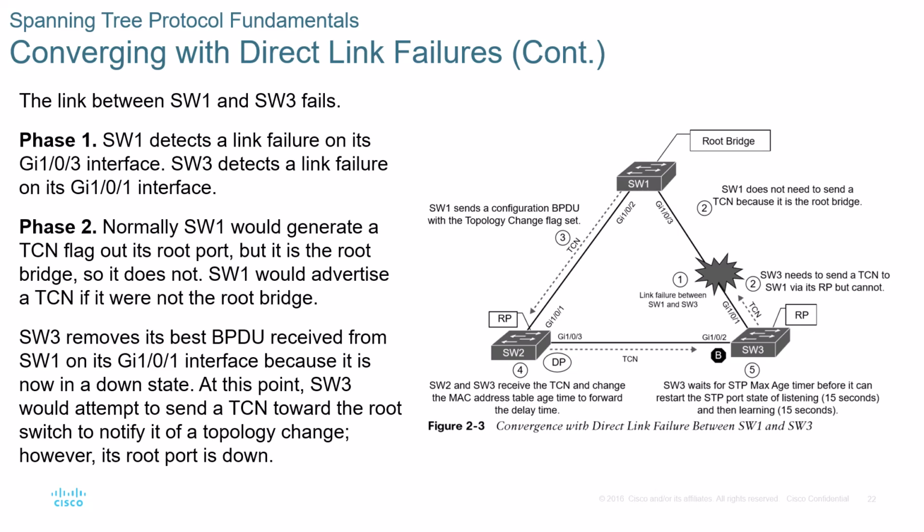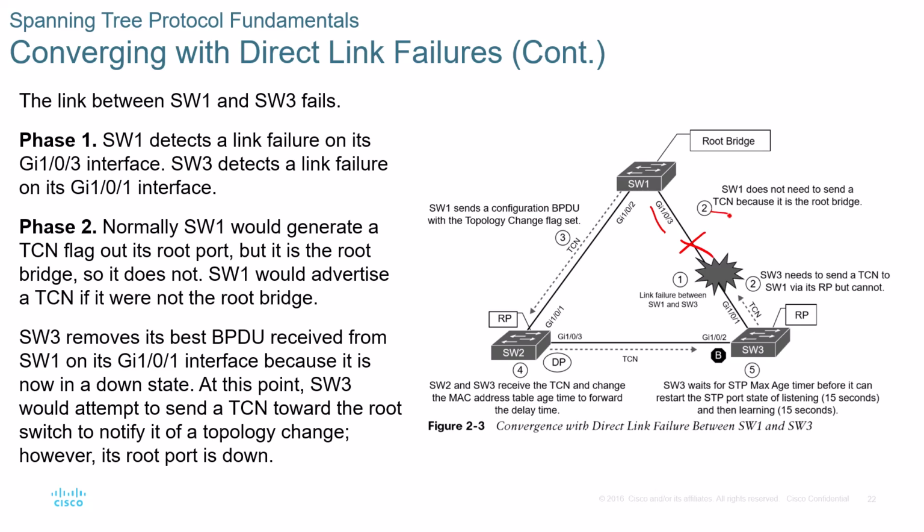So here we have our devices. Phase 1. A link goes down. Switch 1 will detect a link failure on its gig 1/0/3 interface. So let's draw this out. Link down. This interface says, ooh, something's weird going on. TCN.